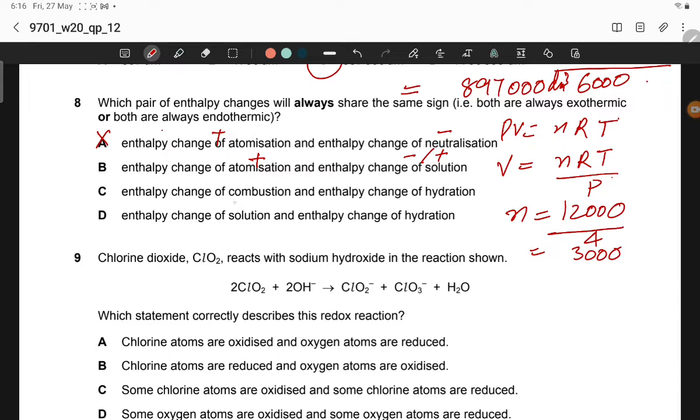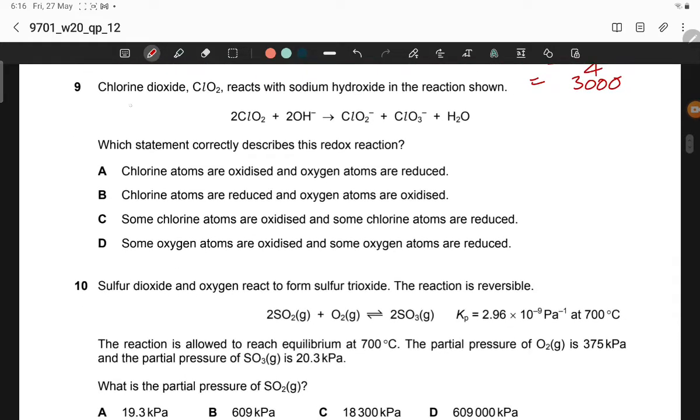Enthalpy change of combustion is negative, enthalpy change of hydration is also exothermic. C option must be correct. Enthalpy change of solution negative or positive, enthalpy change of hydration is negative, so C option must be correct.